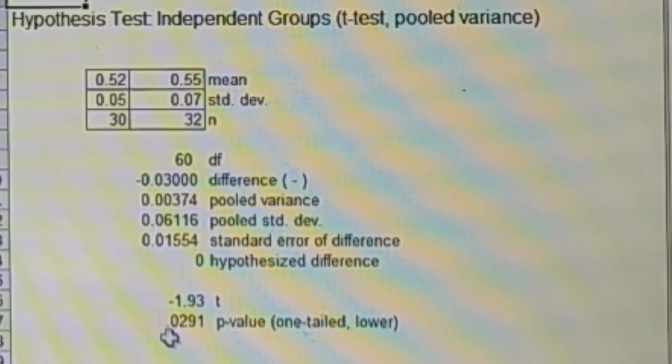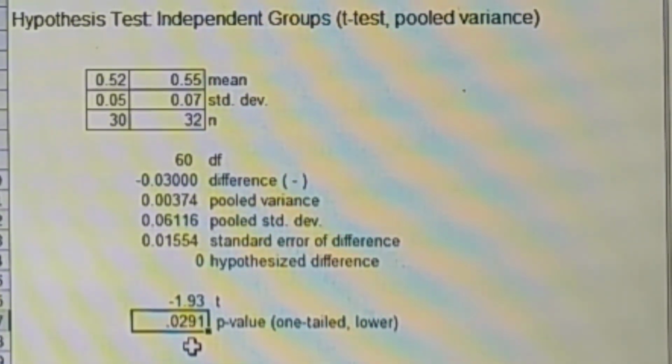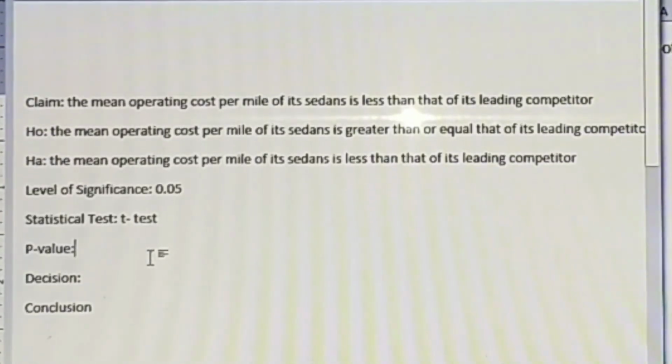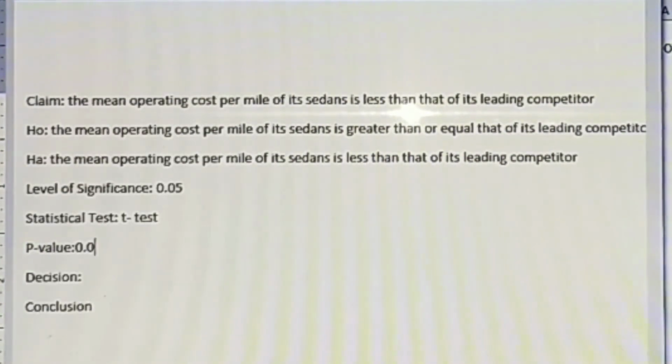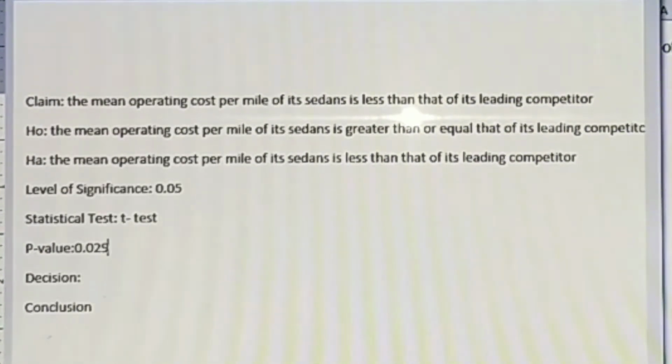Notice that there is a color in the p-value, meaning we need to reject HO. Let us write the p-value, 0.0291. For the decision, reject HO.